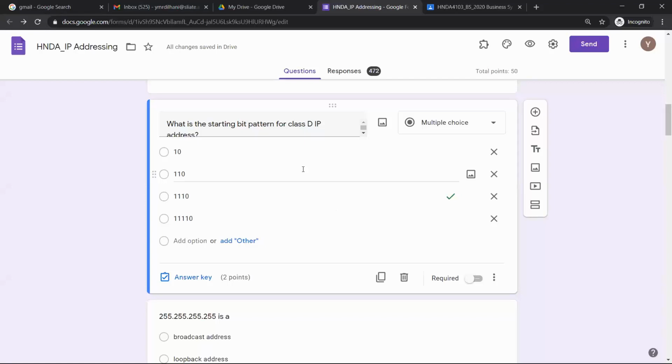When it comes to D addresses, the pattern it starts with is this: 3 ones are there, and the final bit pattern is 0. You will have to remember that. I'll show you that from the LMS note as well.